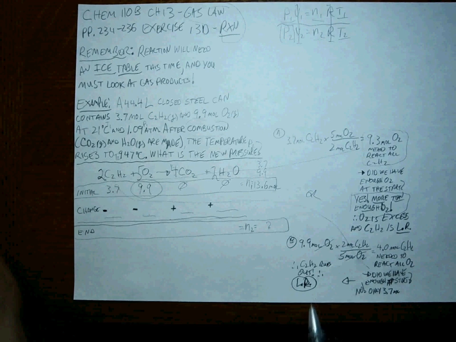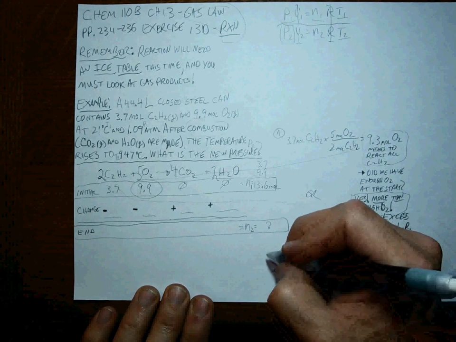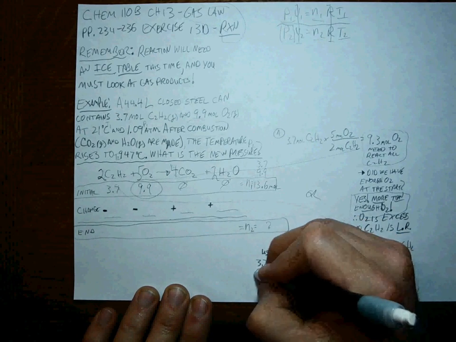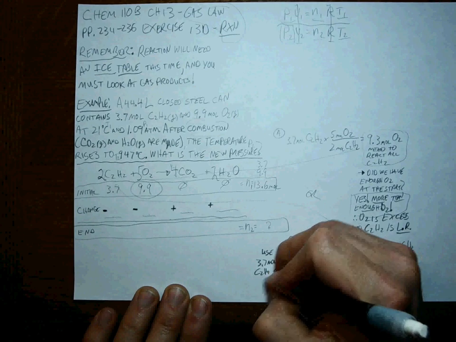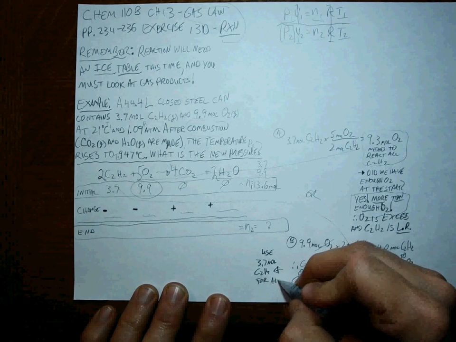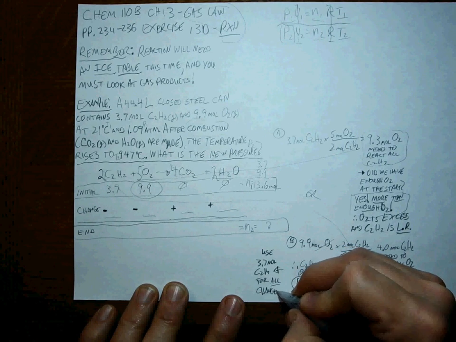Your job is to find out which is the limiting reagent, because once you do that, you use 3.7 moles C2H2 for all the changes. Calculations.